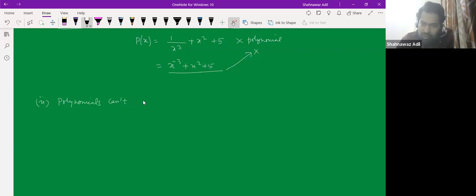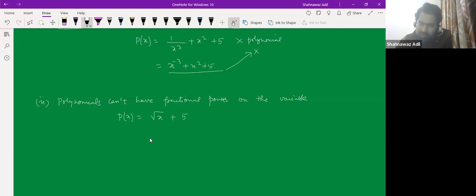The second criteria was that the polynomial can't have fractional power on the variable. For example, we have some terms like root x plus 5. So this is not a polynomial. Why?